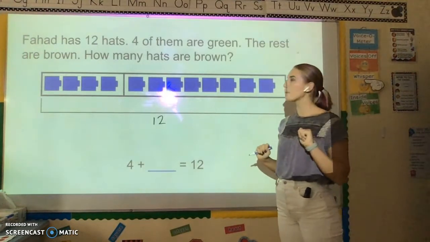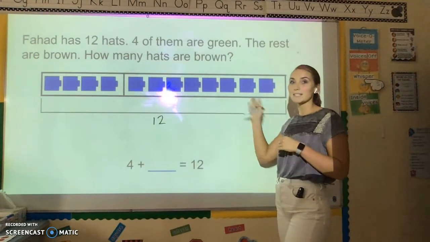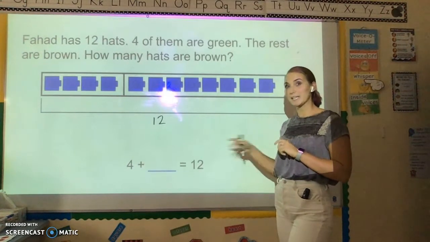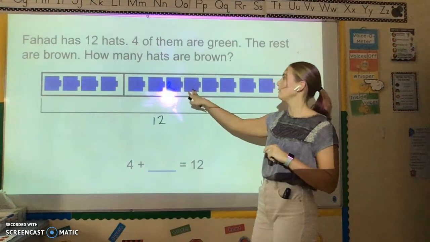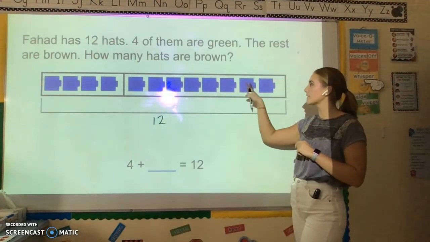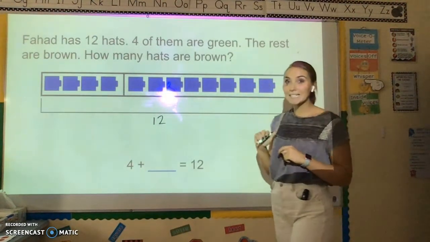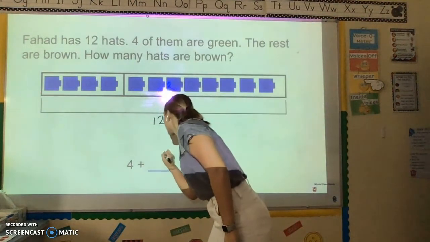That's where I'm going to stop. How many blocks did I have to add to get to 12? 1, 2, 3, 4, 5, 6, 7, 8 more blocks.